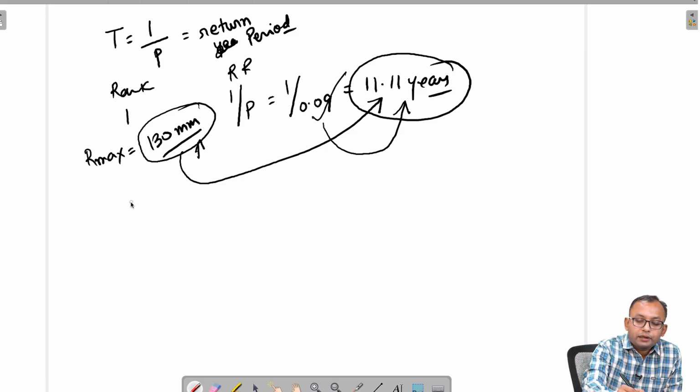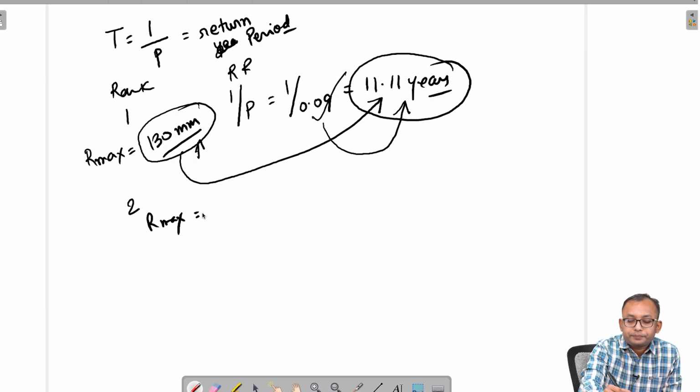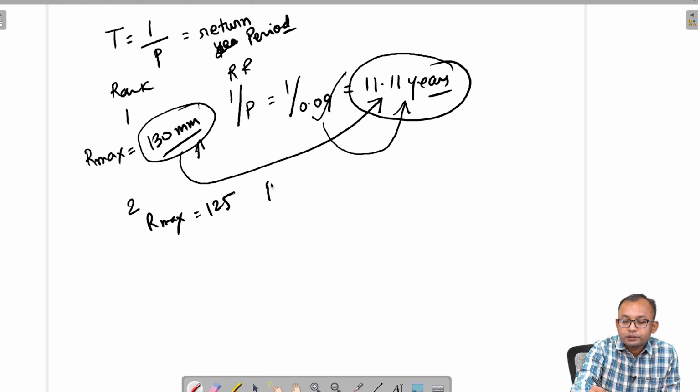Which is rank second, we have R max value equal to 125 and the probability value was equal to 0.182.